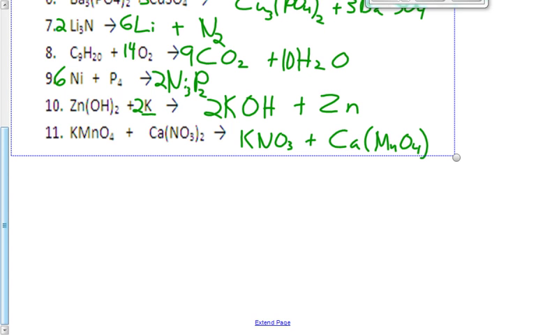But calcium and permanganate are 2+ and -1, so we will need a 2 outside of the brackets on the permanganate. Okay. Now I have to balance, so I need a 2 here to give me the right number of permanganates, and then I need a 2 here to balance my potassiums, and that makes my nitrates balance.